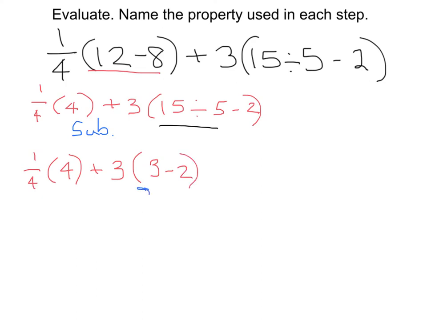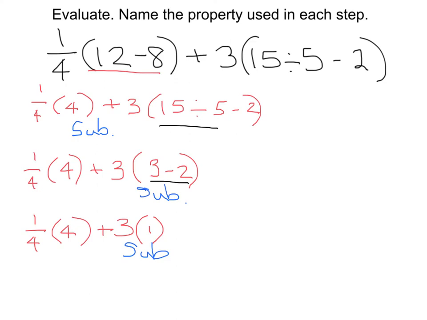And again, that was substitution. The next step is to substitute again for inside the parentheses. We're going to substitute right here. So we're going to rewrite the problem. 1/4 times 4 plus 3 times, 3 minus 2 is 1. And again, that was substitution.